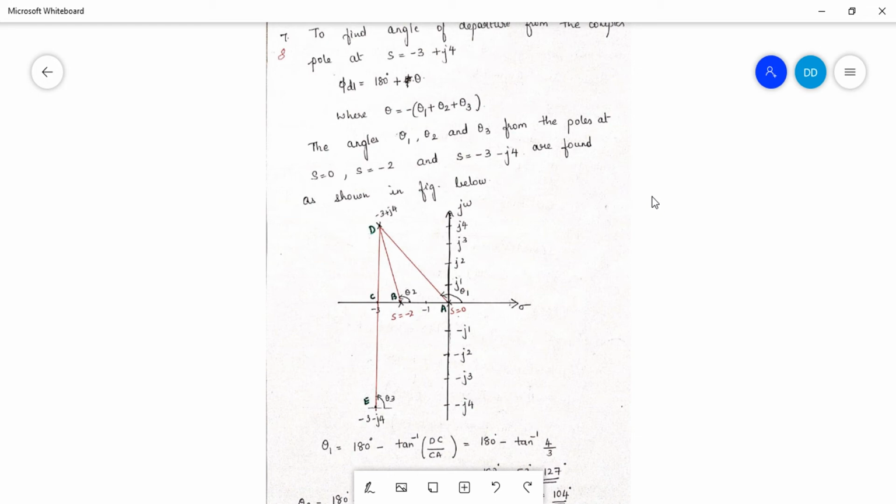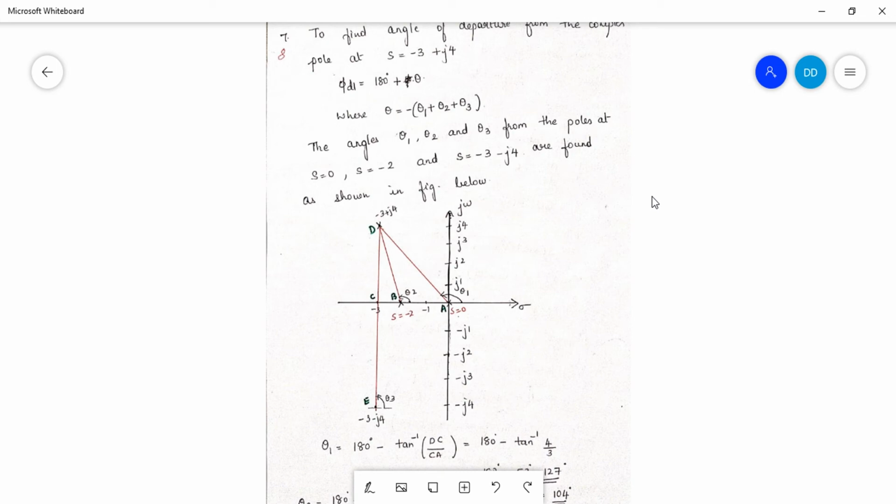I have denoted the poles at s equal to 0, s equal to minus 2, and the poles at minus 3 plus j4 and minus 3 minus j4. We will be using the formula for angle of departure, phi d1. The 1 is because I have two complex poles, so the first one I denote by phi d1. It is equal to 180 degrees plus theta.